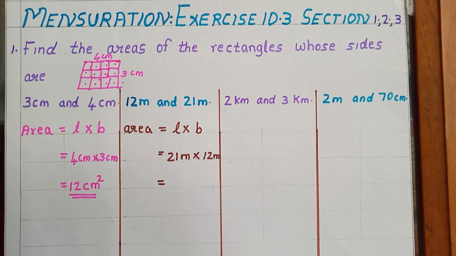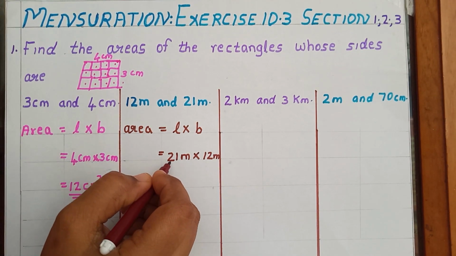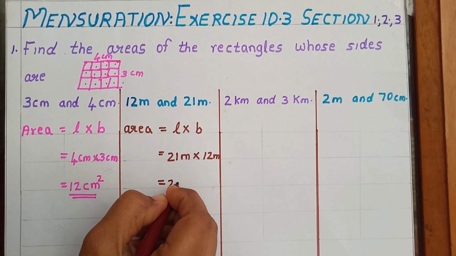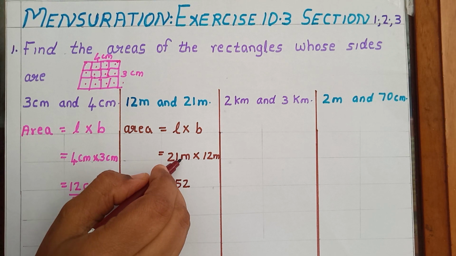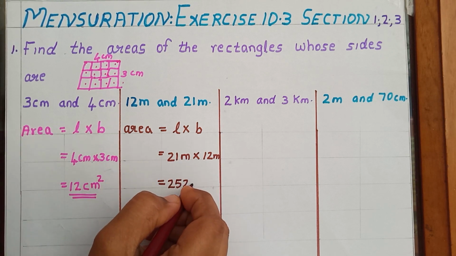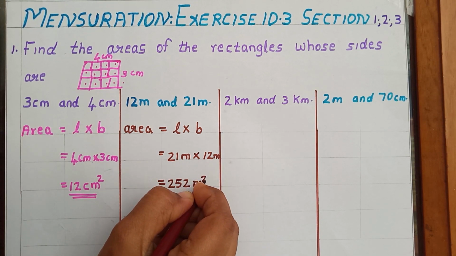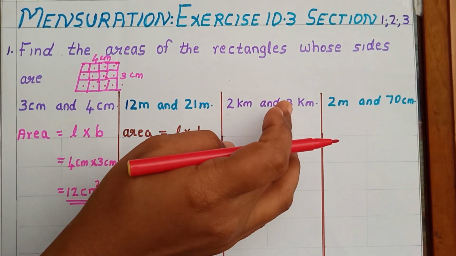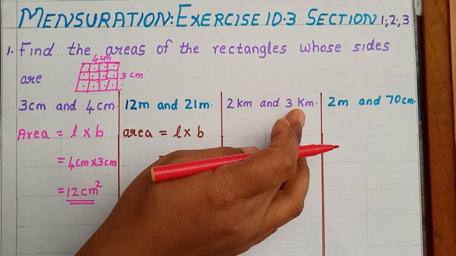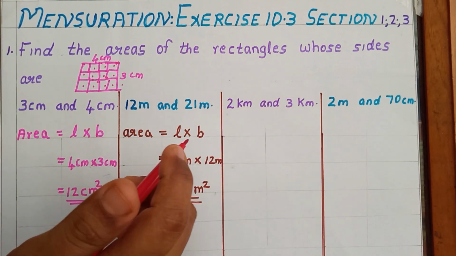So after multiplying 21 and 12, we get 252 and the unit is meter square. So the answer is 252 meter square.